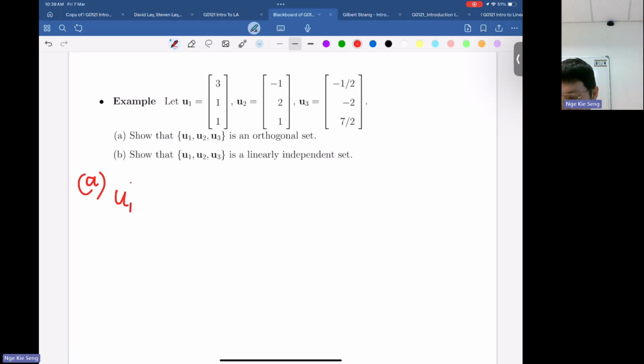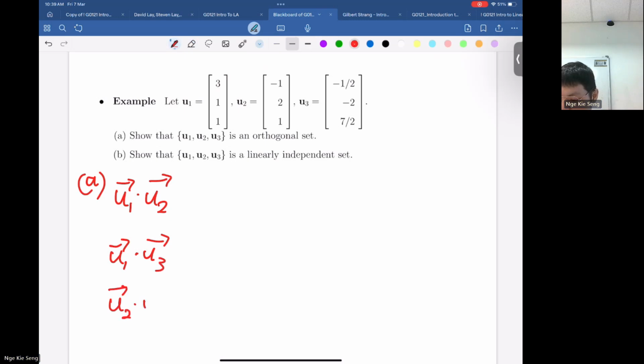So you need to check U1 dot U2, U1 dot U3, and U2 dot U3. Okay, try to check. See if you get 0 or not.